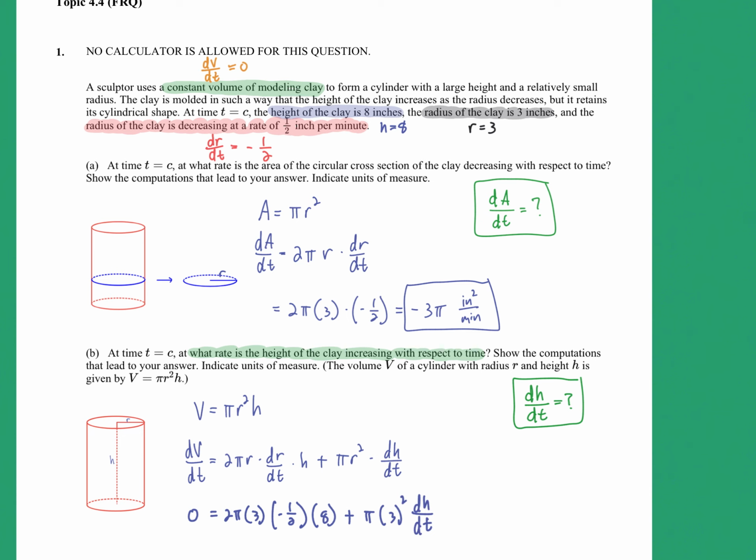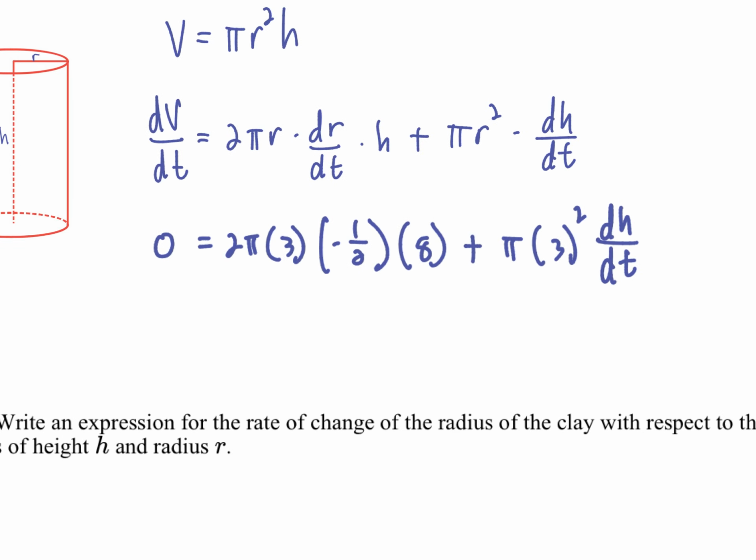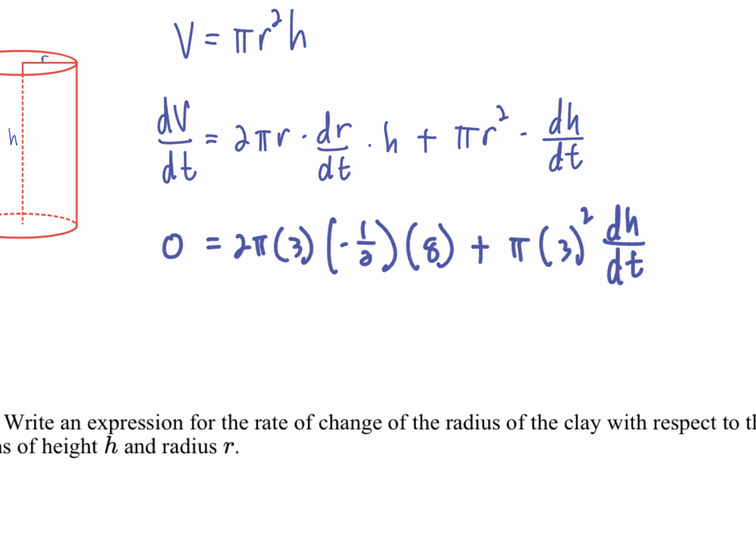Okay, so we had everything we needed, and now we can just solve for dh/dt. This will simplify to negative 24 pi. This is negative 24 pi, but we'll bring it over to the other side to make it 24 pi. And then that's 9 pi dh/dt.